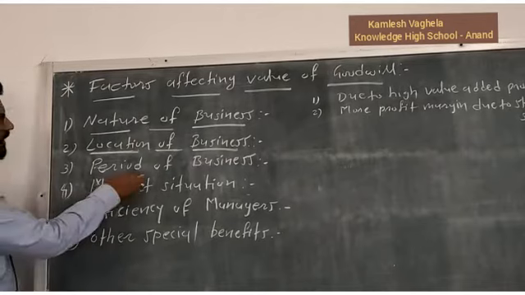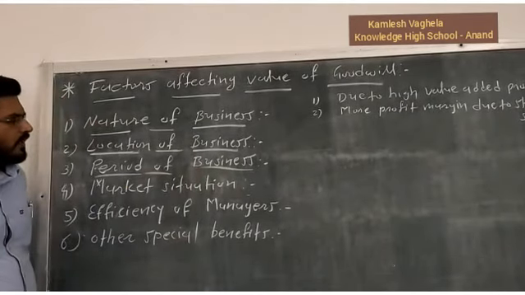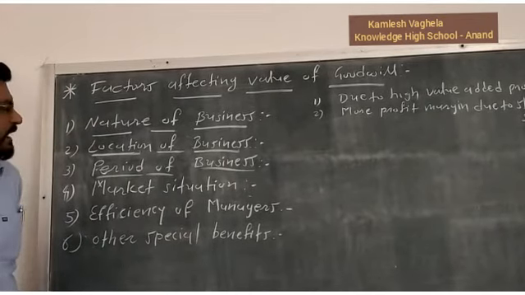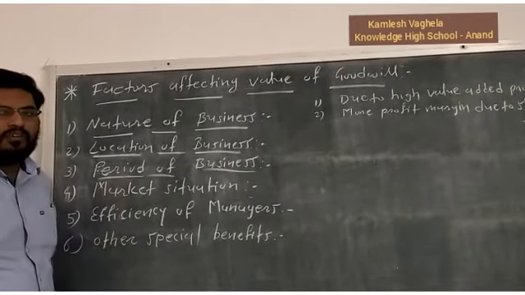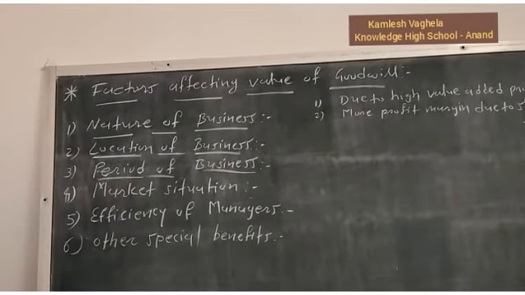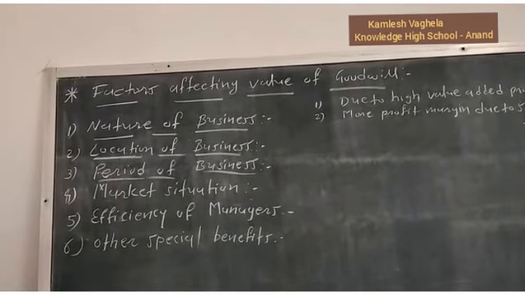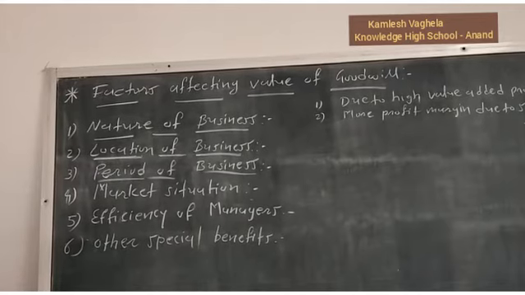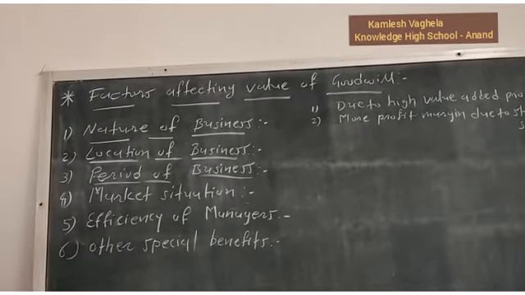Then third one is period of business. Period of business means what? As and when our business is old, our business has more value of goodwill. Now why? The older firm has a reputation in the market because the majority of the customers are familiar and have a very close and long-term relation with that particular business unit.